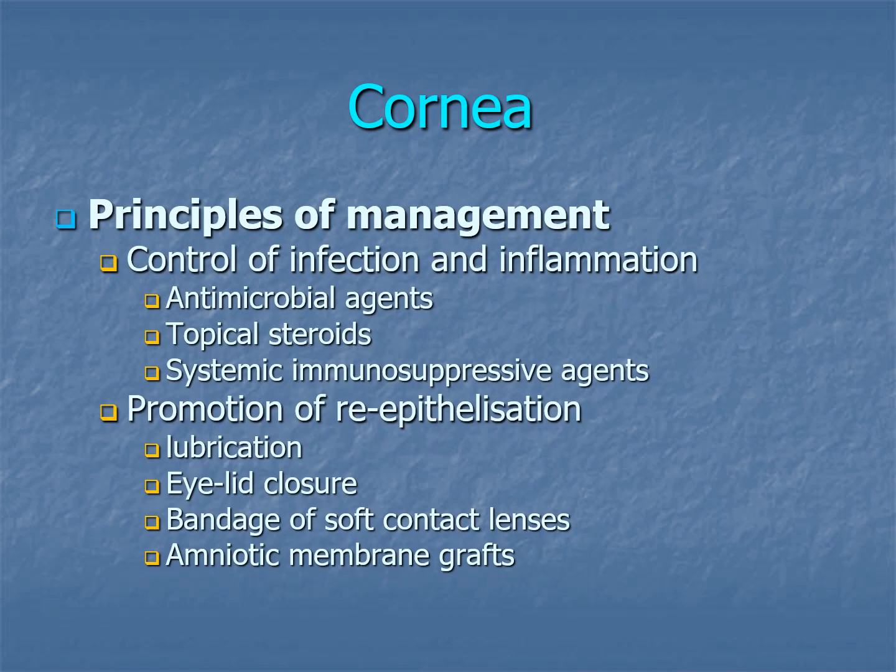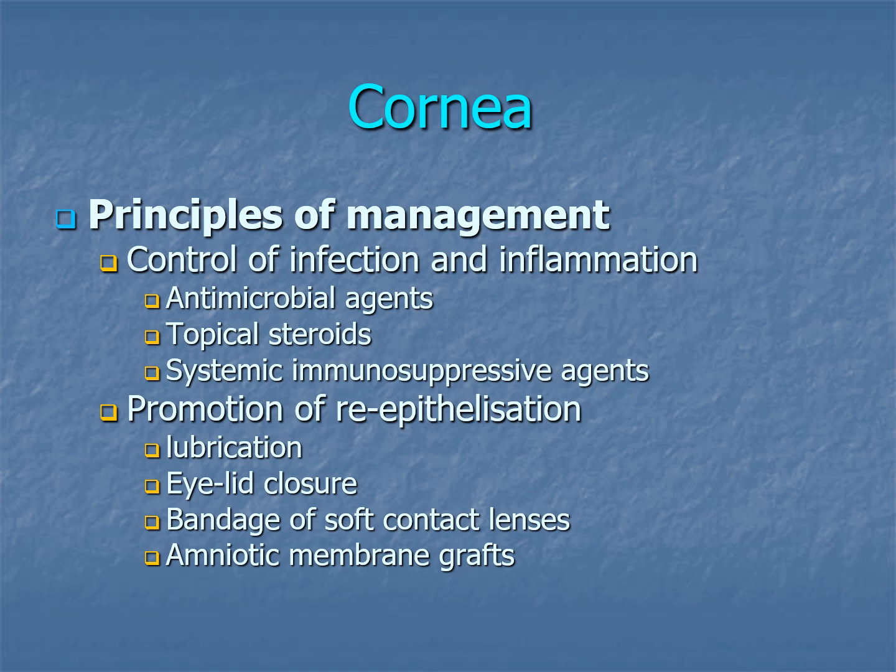Now we will briefly discuss the principles of management of corneal diseases in general. In later lectures, we will discuss the management of each disease, but here we will discuss only the principles. What is the aim of treatment? The aim of treatment is to control the infection and inflammation and to promote re-epithelialization.